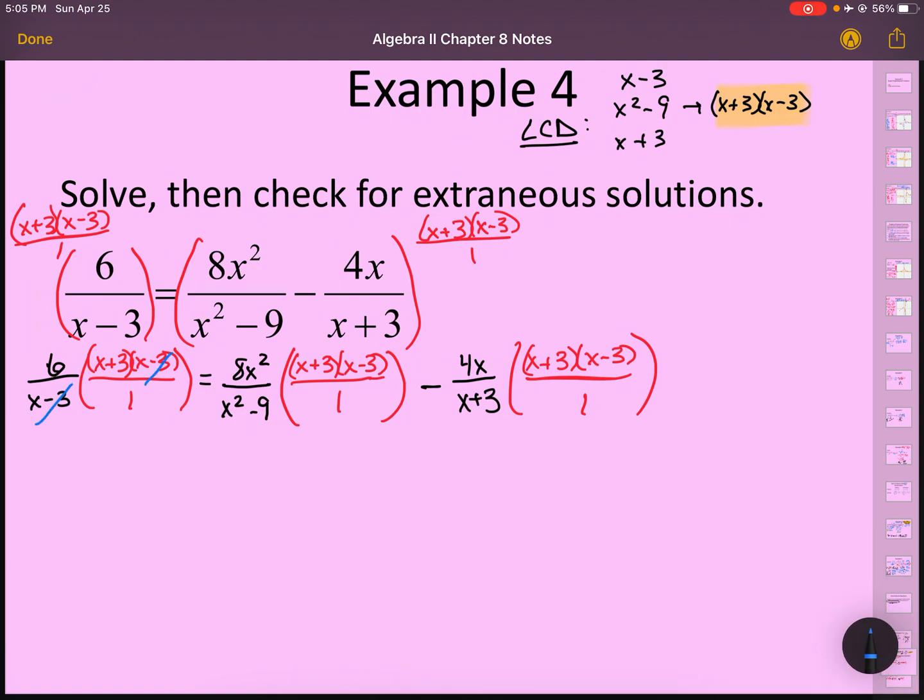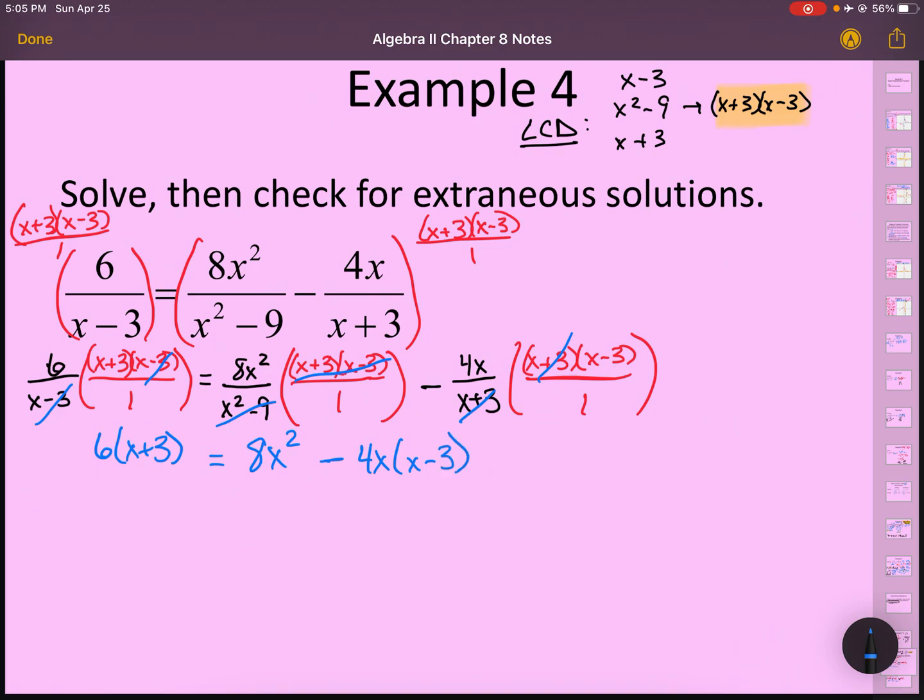And if I multiply straight across, this is just 6 times x plus 3 equals, and in the second one, x squared minus 9, that's still a difference of squares, which is really just x plus 3, x minus 3. So these both cancel out here, and I'm left with 8x squared. And in this last one, if I keep the minus on it, the x plus 3's do cancel out. So we're left with what's multiplied together in the numerators, 4x times x minus 3.